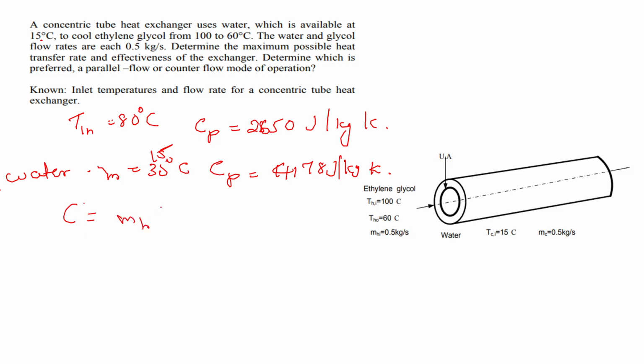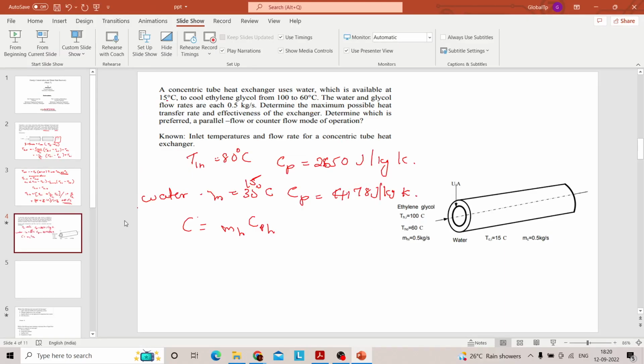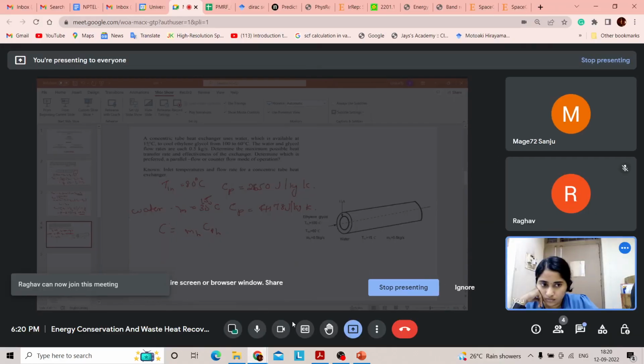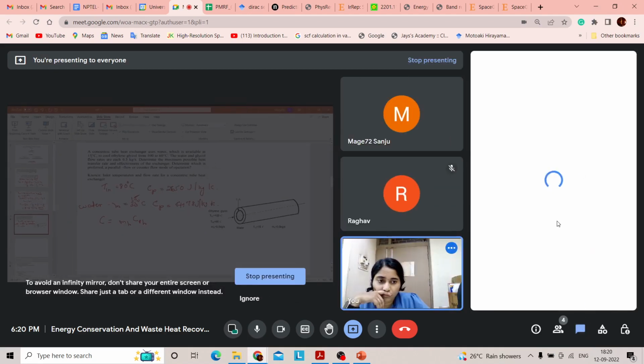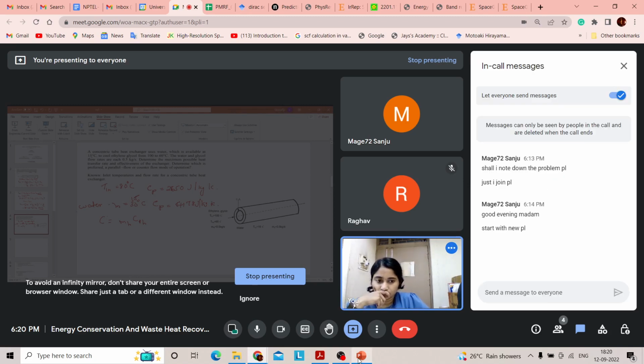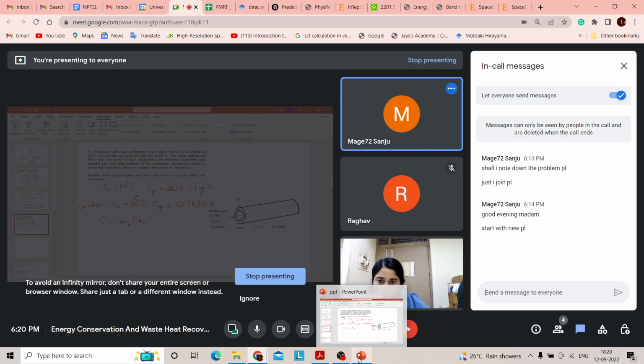It will be m_h Cp_h. For C of water, 2089 for the water side.